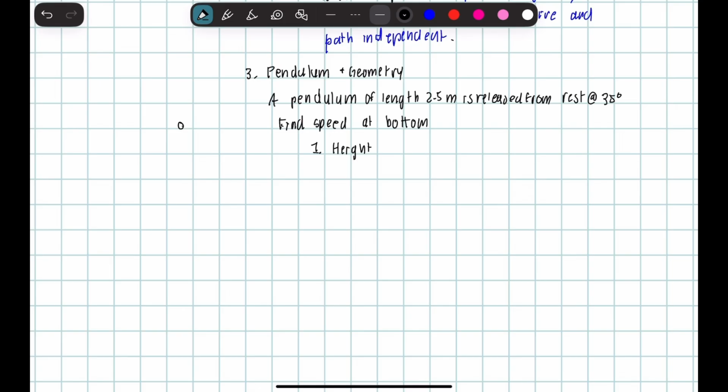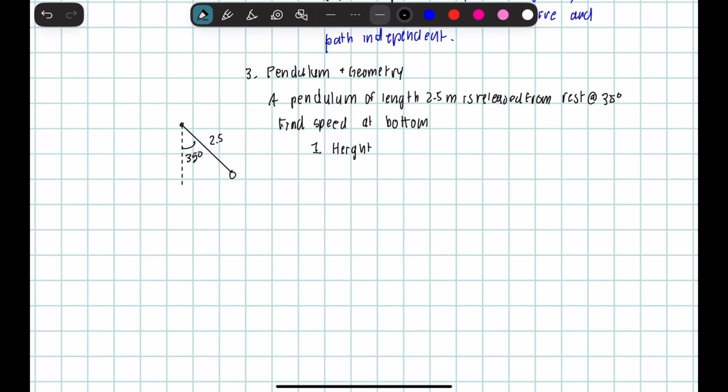Now, we know that the pendulum is like this. The pendulum is up here, and we have the ball right here. So it's a pendulum of length 2.5, and this is at 35 degrees, and we let it go.